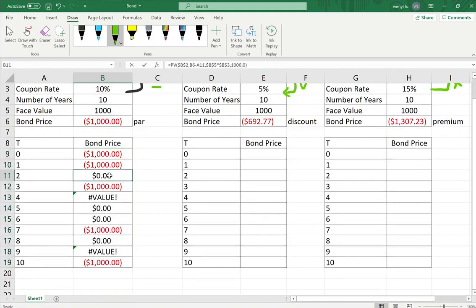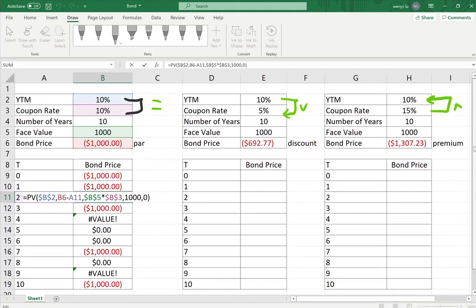Okay, let's see what happened here. B2 is fine with our discount rate. B6, okay, I see what happened. Be careful: for all these columns, the total number of years should always be the same, 10 years.